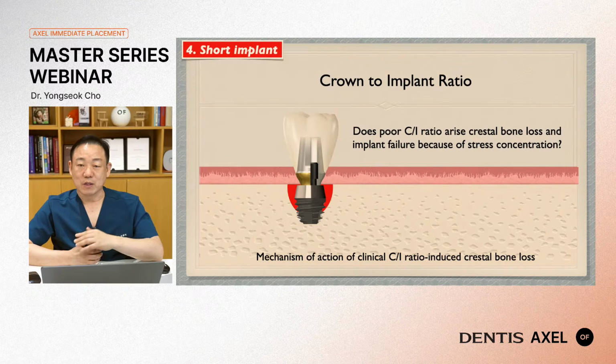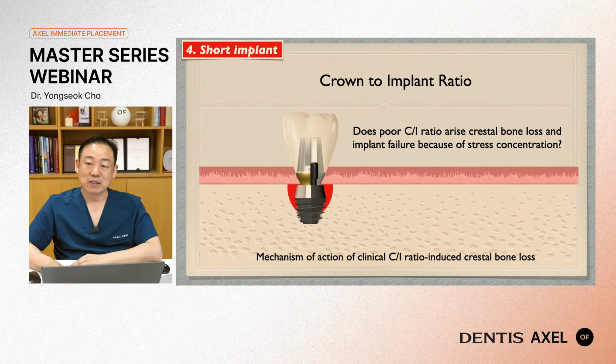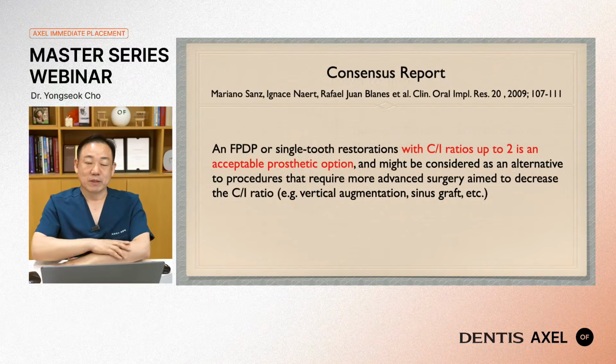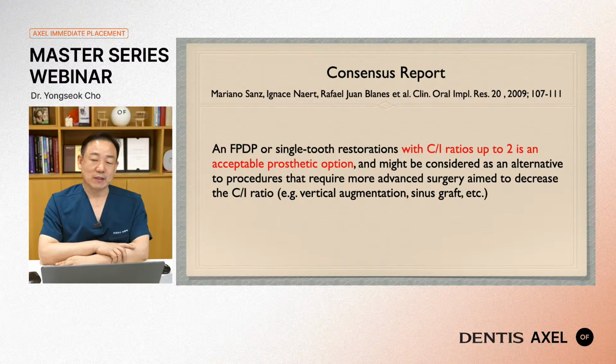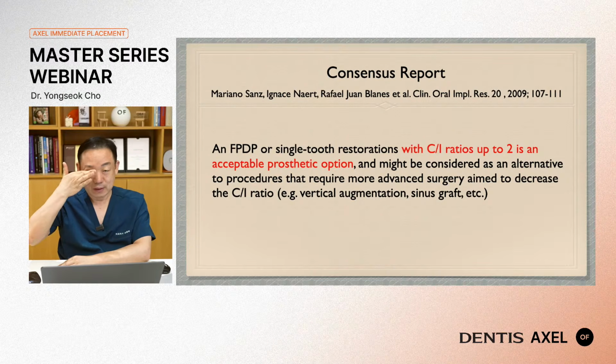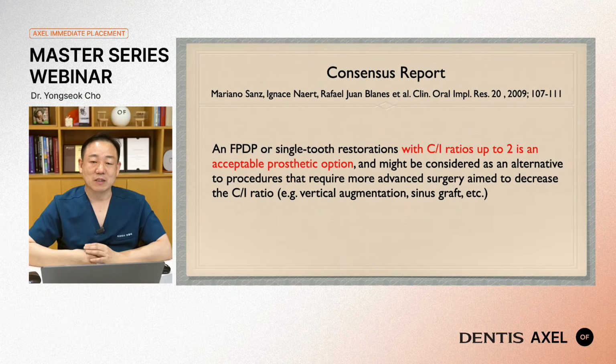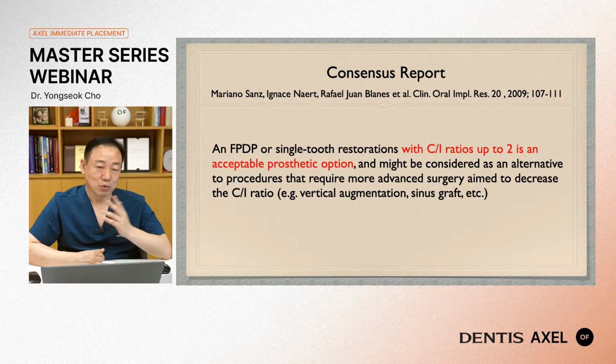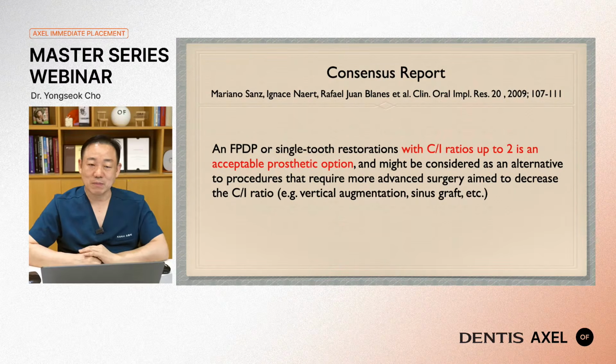Thus, poor crown implant ratio was thought to cause crestal bone loss and implant failure because of stress concentration. We worried about this in the past. However, when we look at the reviewed articles about crown implant ratio and implant survival rate, when the crown is two times longer than the implant, it is an acceptable prosthetic option.